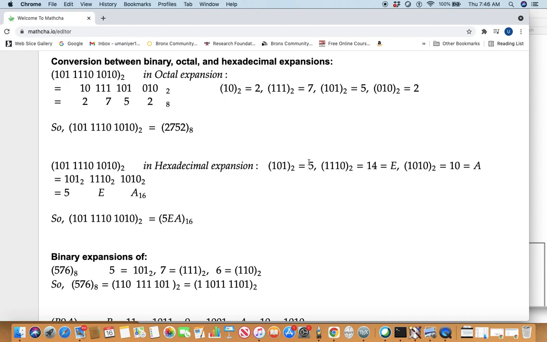When you convert it, you get 5. This converted in decimal form is 14. 14 in hexadecimal is E. This is 10, which in hexadecimal is A. So this number is essentially 5EA base 16. All right.